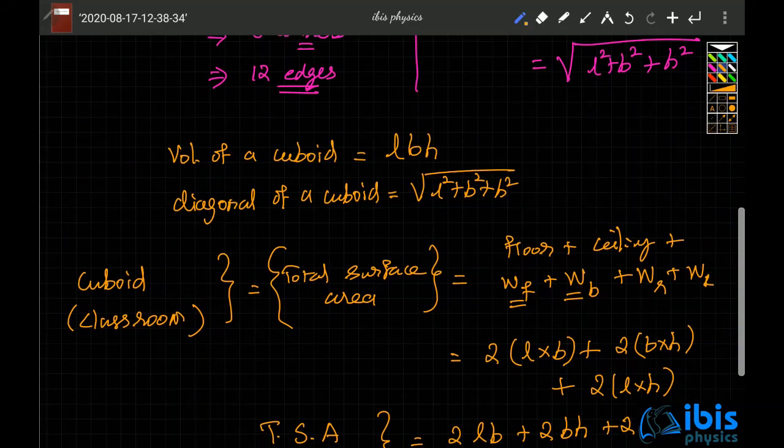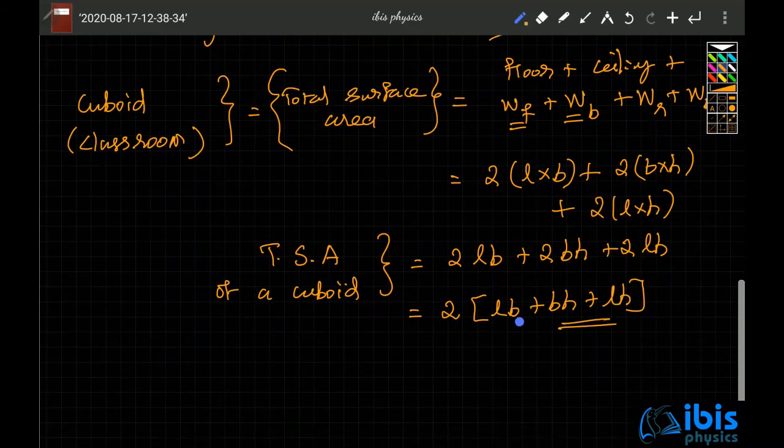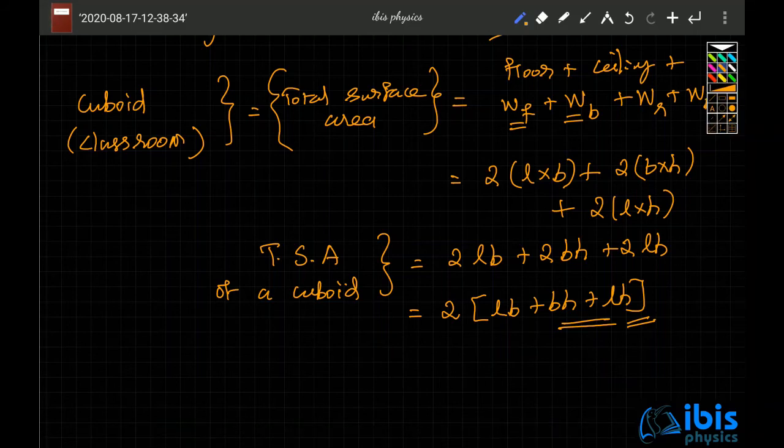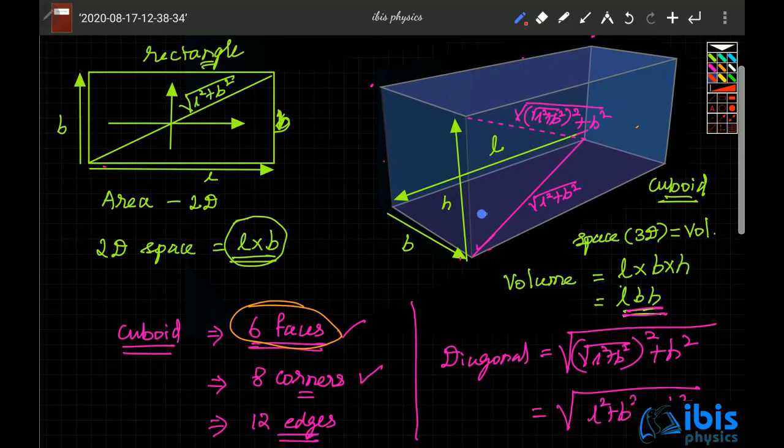So far what we have done, the volume is LBH, the diagonal is root over L square plus B square plus H square, and the total surface area is 2 times L into B, B into H plus L into H. So what is the most important thing? One of the most repeated questions is the lateral surface area. Suppose in the class, below is the floor, above is the ceiling.